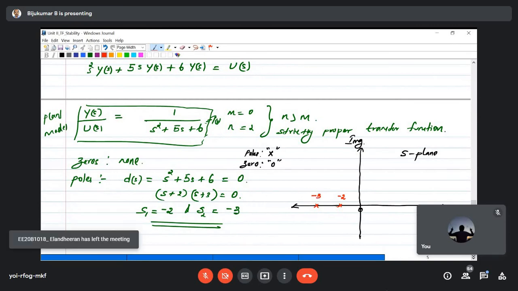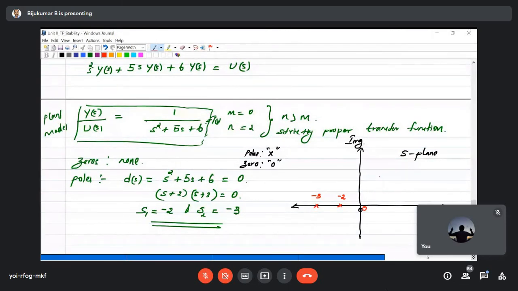So if you see a cross symbol, it means pole, right? Do not confuse zeros with the origin. Since we don't have any zeros, we don't need to mark them. So this is the representation of poles and zeros in the s-plane, right?